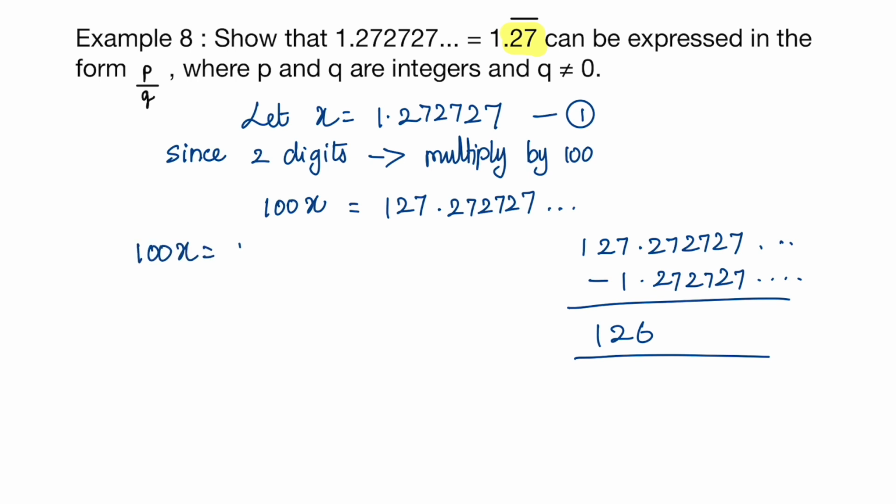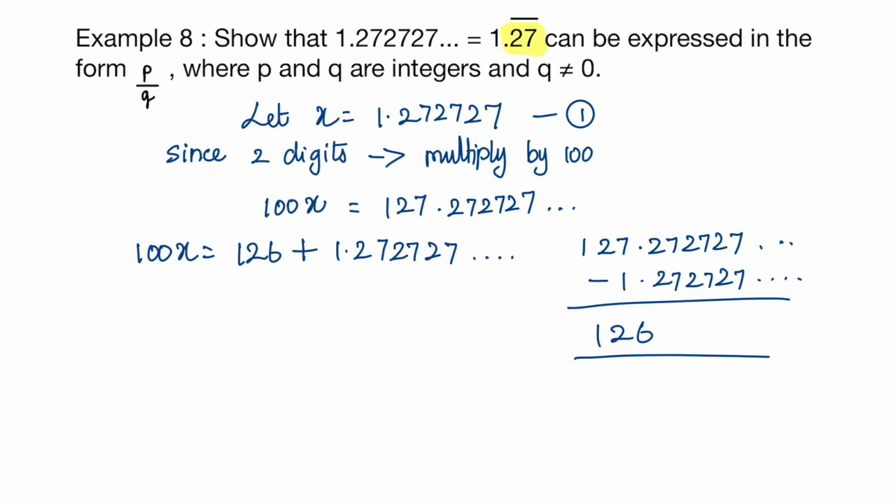100x is equal to 126 plus 1.272727. Now, since we want to deliberately replace something in the RHS with x, we have split it in such a way that you can easily replace that with x.